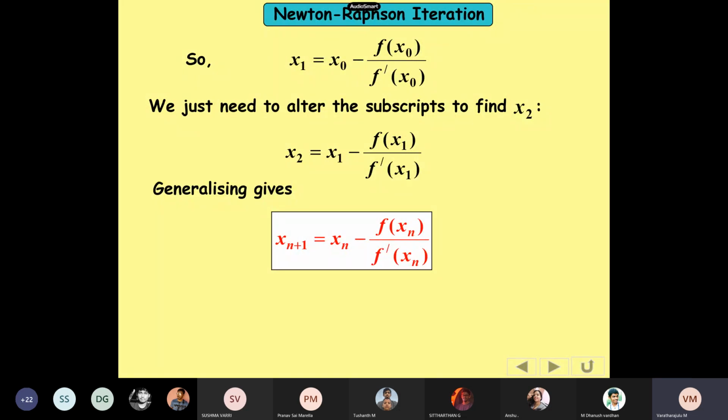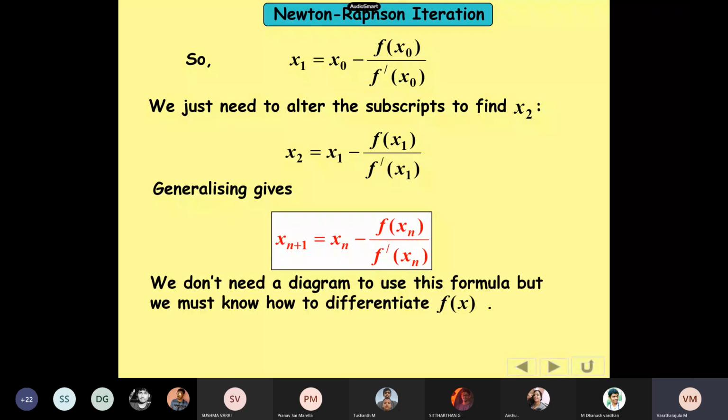This is the suggestion by Newton-Raphson for getting the results when we have the equation in terms of functions. So this is our Newton-Raphson formula: x n plus 1 is equal to xn minus f of xn divided by f dash of xn. Hope you have noted everything.